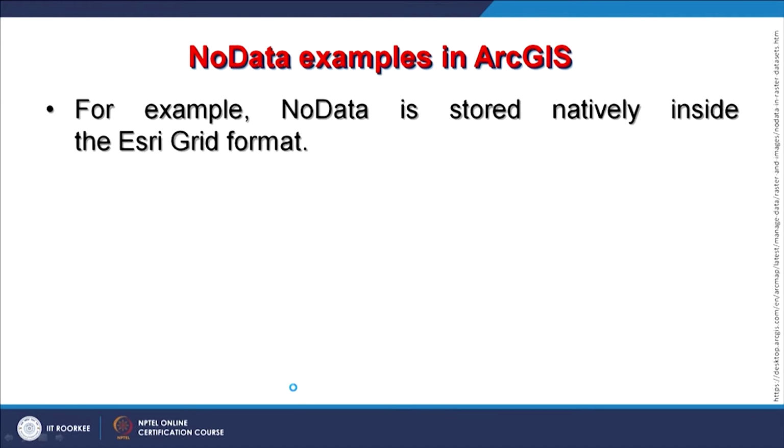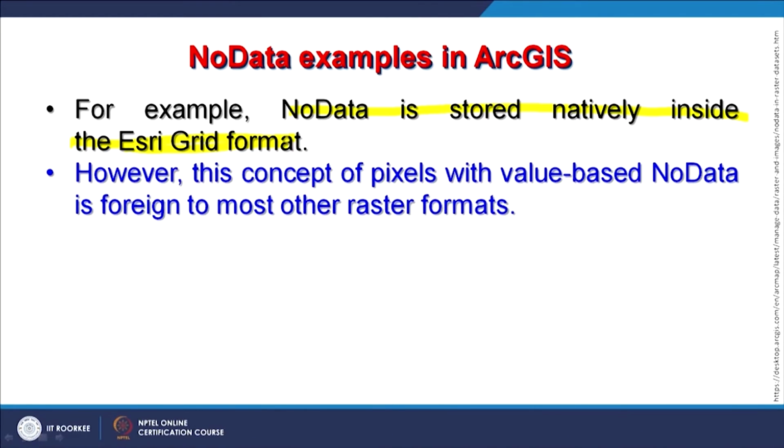Now, how we handle this in different software. The example I am taking is from ArcGIS, and no data, as you know, is stored natively inside the grid format. Not only this grid format, but most of the grid formats being used in GIS can all handle it very well nowadays.